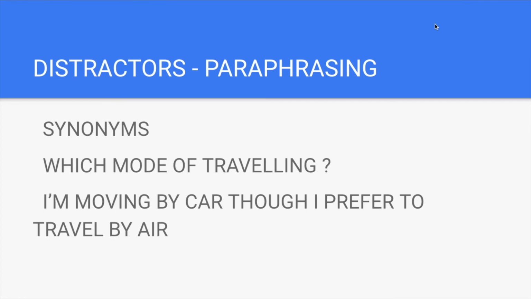So you need to understand that car is the answer. Moving is the paraphrased word for traveling. So always expect paraphrased words in the audio. Never expect the same words. Keep the meaning in your mind, and whether it is a paraphrased word, you listen to it and find the answer very easily.